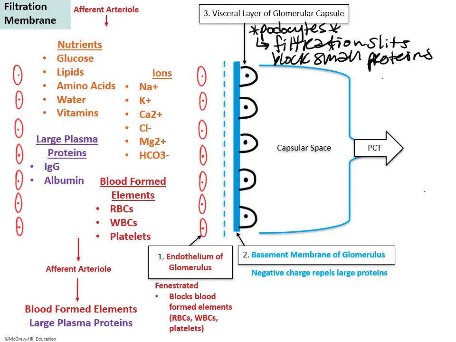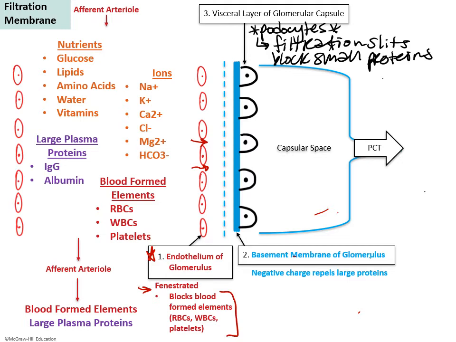So we have blocked those smaller proteins at this point. So just a nice review of all these layers of our filtration membrane. Over here, number 1, we have the endothelium of our glomerulus, of those glomerular capillaries. It is fenestrated. It has those little pores in between it that are going to block blood-formed elements from being able to pass through here.